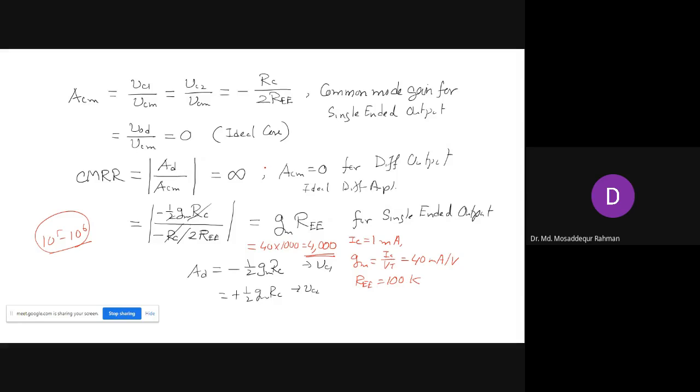So to have a better differential pair, this RE, the output resistance, should be high. Here we have 100 kilo ohms. If you have it in the mega ohms range, let's say 10 mega ohm, then it will be 100 times greater, about 10 to the power 5. So that is how we can improve the performance of the differential amplifier.